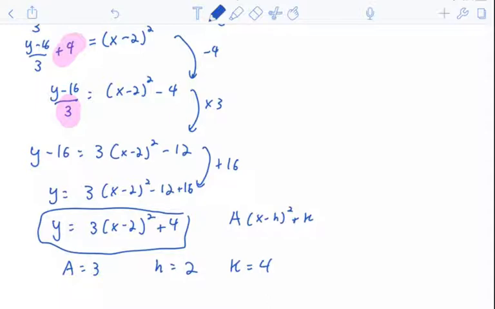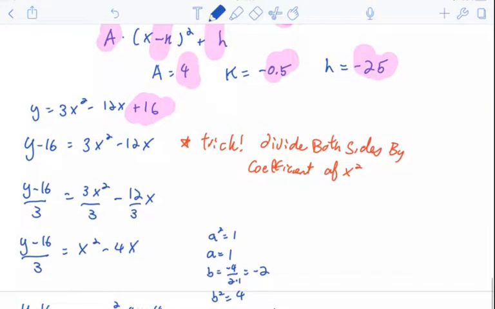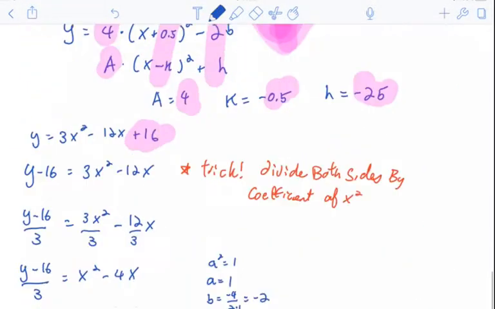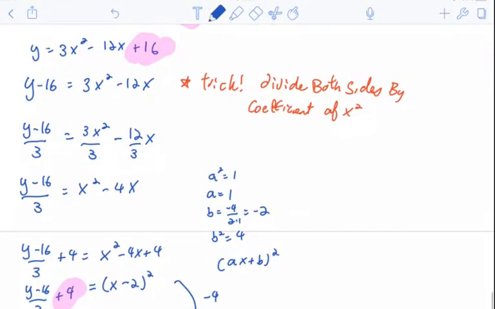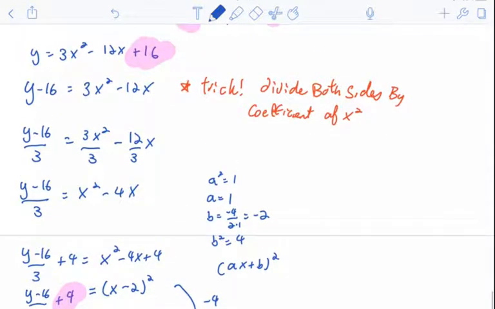To review, the only difference between what I did the first time and this time is that partway through, before I completed the square, I divided both sides by the coefficient in front of the x squared.